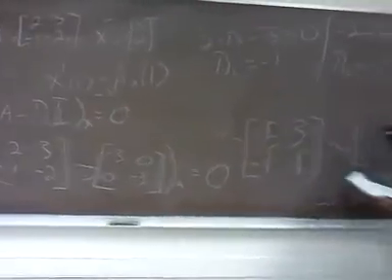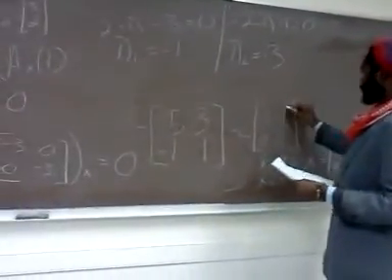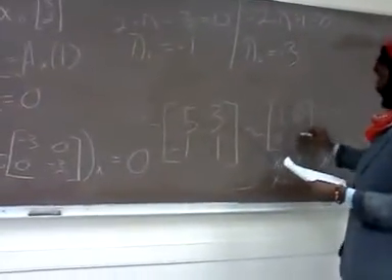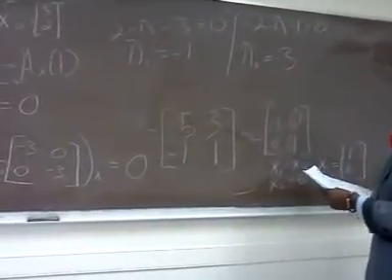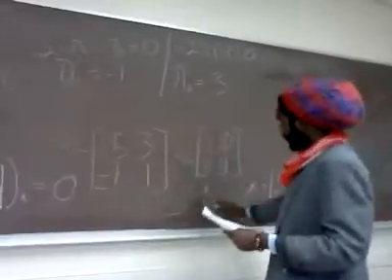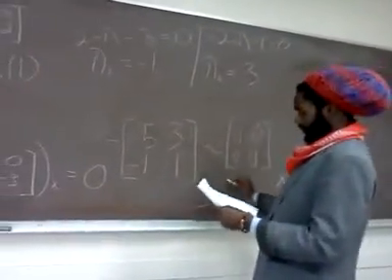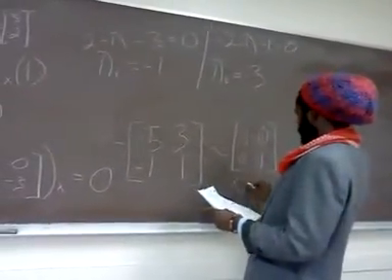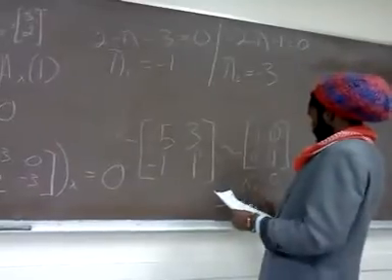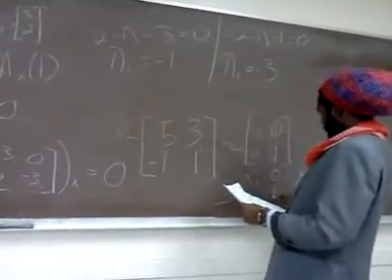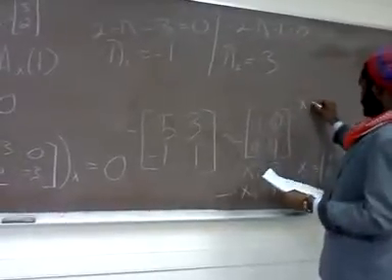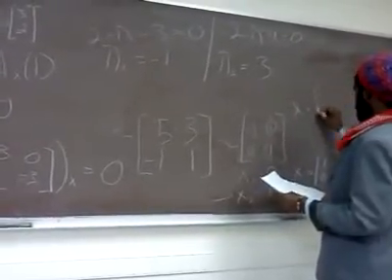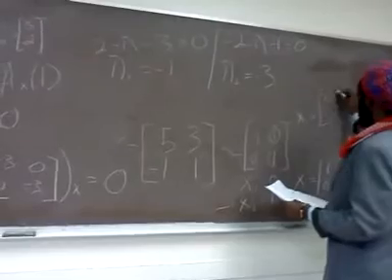Now when we row reduce that, this is going to change slightly, giving us 1, 0, 0, 1, which is going to help us achieve x1 equals 0, and x2 equals 1, giving us x equals 0, 1.